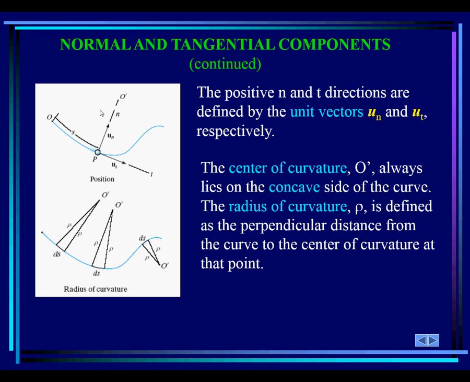So the center of curvature is at O prime. See, it always lies on the concave side of the curve. The radius of curvature is the perpendicular distance from the curve to the center of curvature at that point.